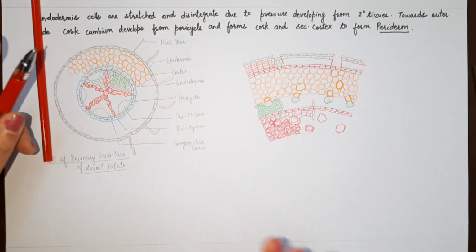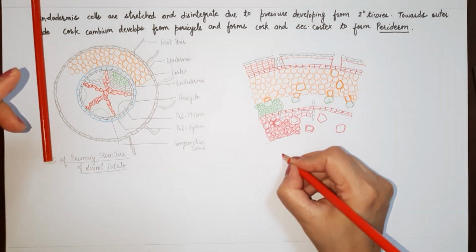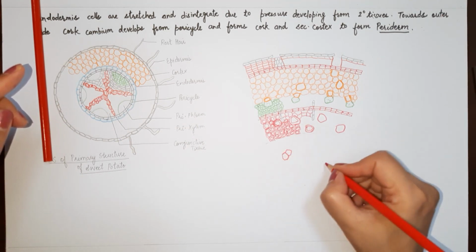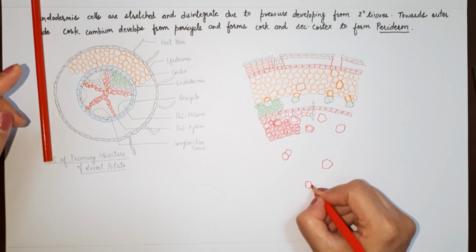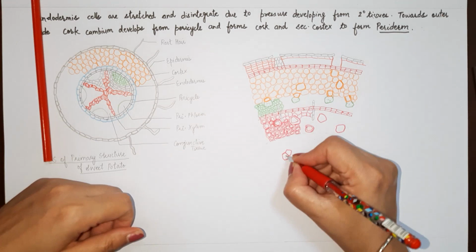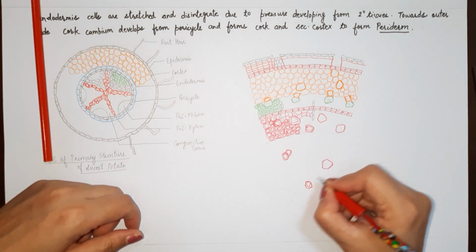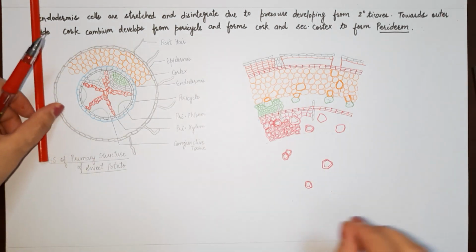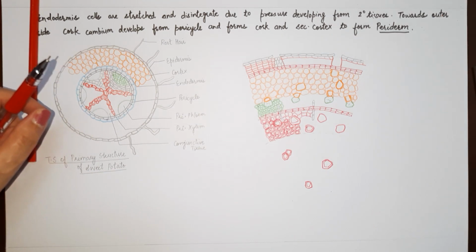Now, inner to this, which is the anomalous part, we will have few xylem elements which got separated from secondary xylem. They may be present singly, they may be present in groups. So, I am showing here 3 elements, double walled. Now, see this part carefully. Around this we will show the cambium. Okay.